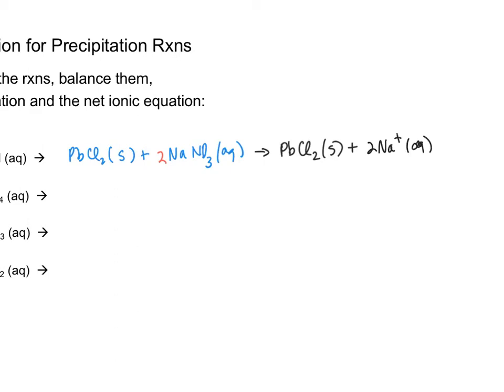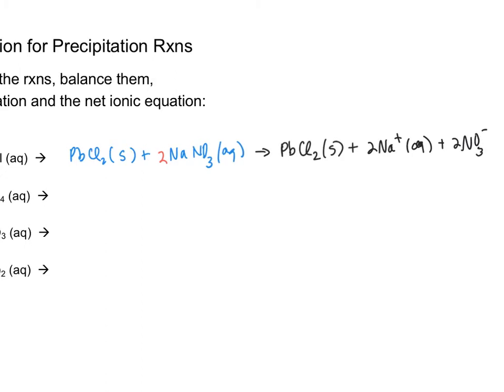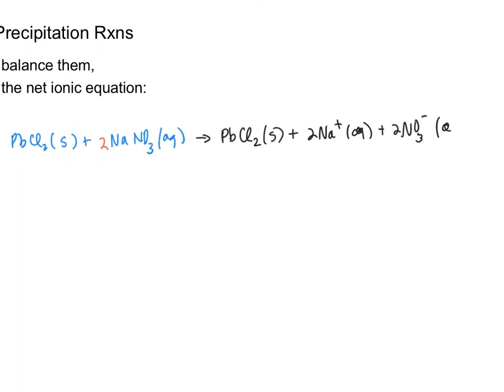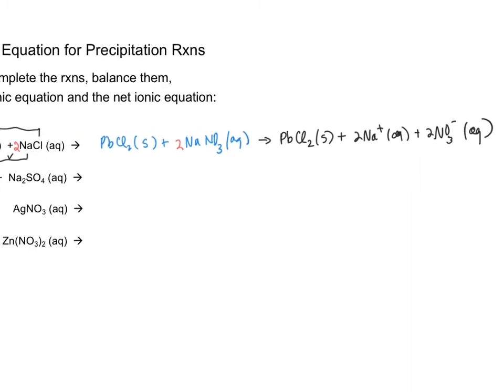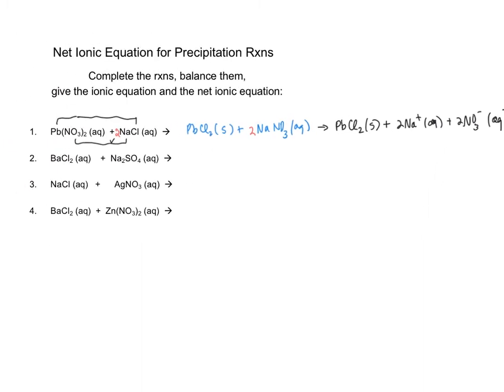You got to know all the details when you're writing this out. Plus 2 nitrates. The nitrate is a polyatomic ion that stays together, does not break up into nitrogen and oxygen. And that would be the product there. That would be the system.